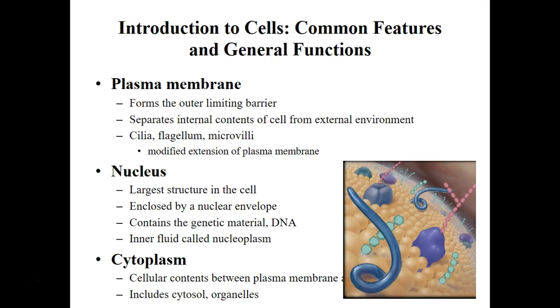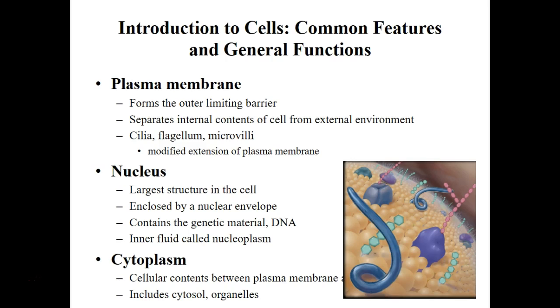There are certain characteristics that all cells have in common, and then specific cell types will have different functions. All cells have a plasma membrane. All eukaryotic cells have a nucleus, which contains our DNA, and all of our cells have cytoplasm.